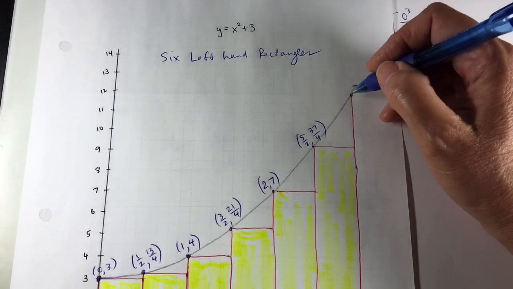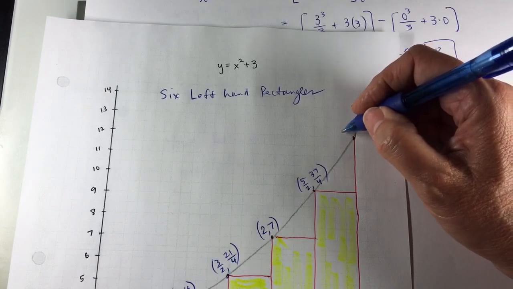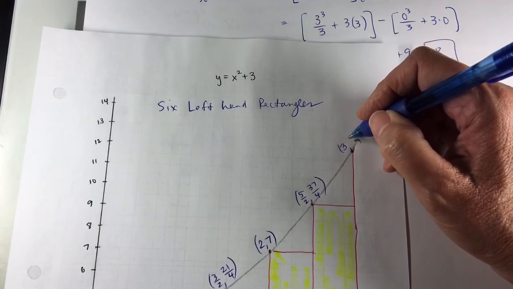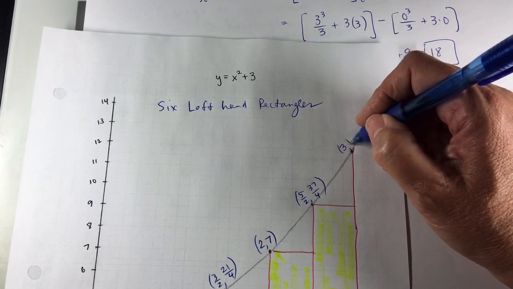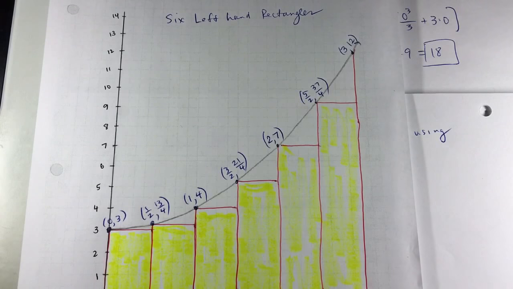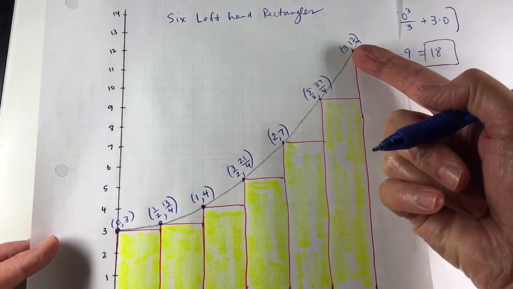I don't need this one for left hand, but maybe for some completeness here, when x is 3, what's y? 12. Okay, I don't need it for the left hand because I didn't get that high.